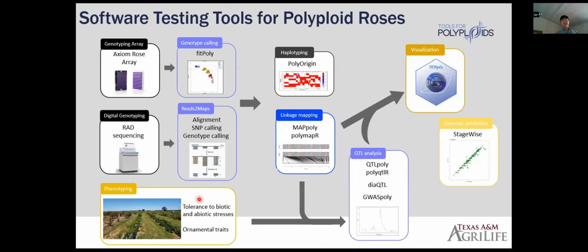And a lot of this can be done easier now that we had this other SCRI grant, Tools for Polyploids, and that allows us to go from genotyping arrays or GBS platforms to doing the genotype calling, to doing the alignments, and to do the linkage mapping or haplotyping, and combining that with the phenotypes to come up with QTL mapping.